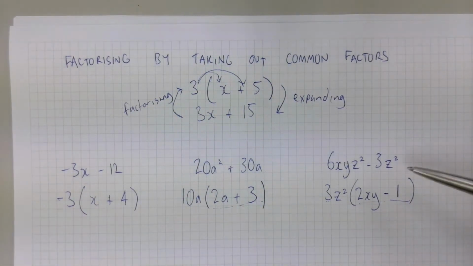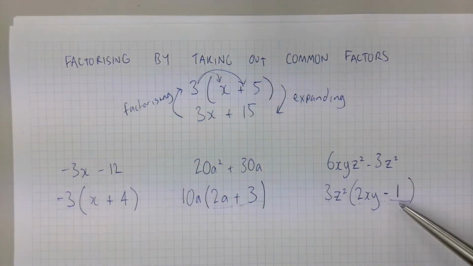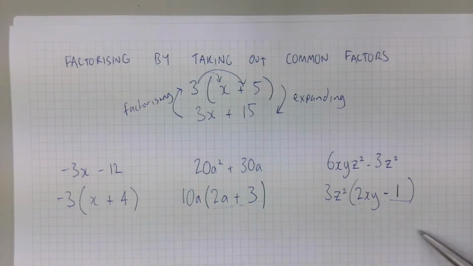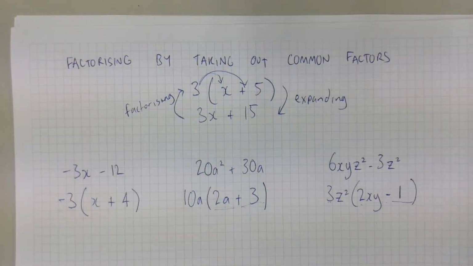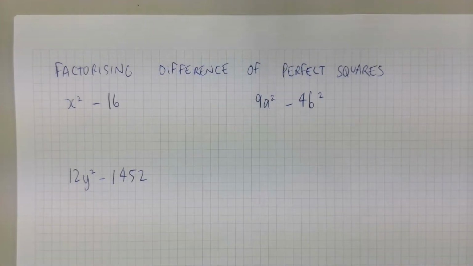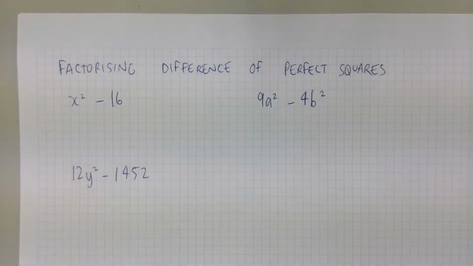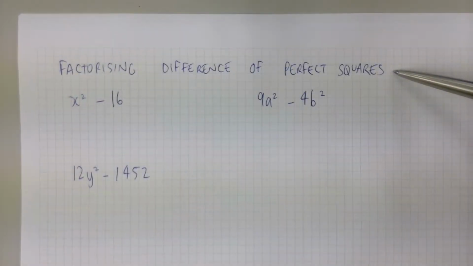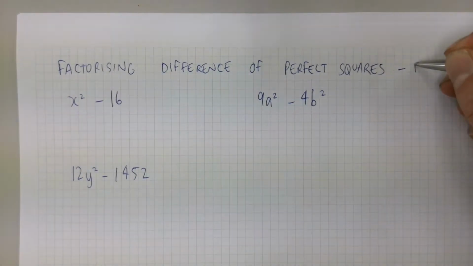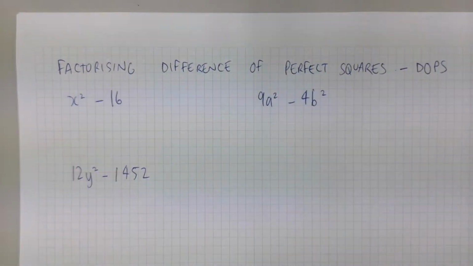Okay, and again you can check by multiplying the term in front of the bracket by each term inside the bracket to expand to see if you get that original expression. Okay, the second set of examples we're going to look at is factorising the difference of perfect squares, or sometimes referred to as DOPS, difference of perfect squares.